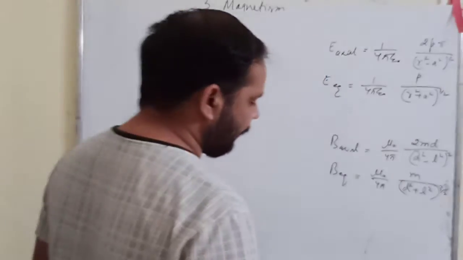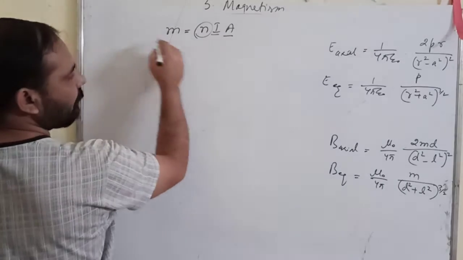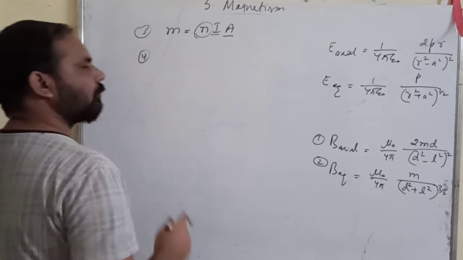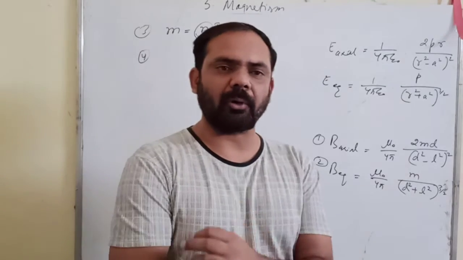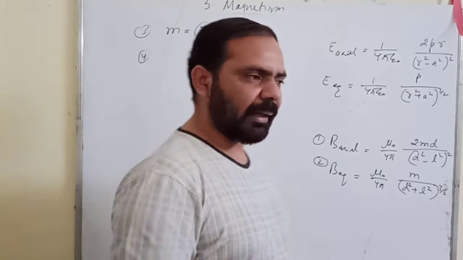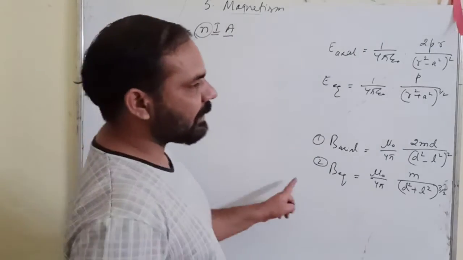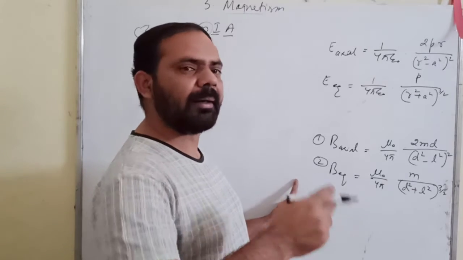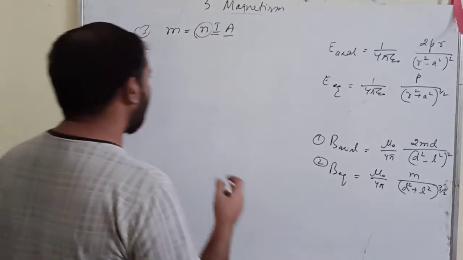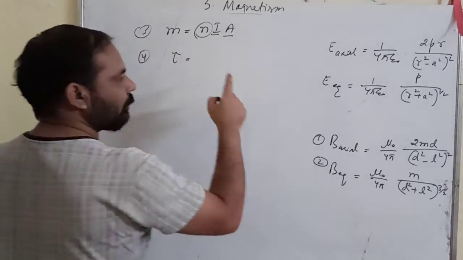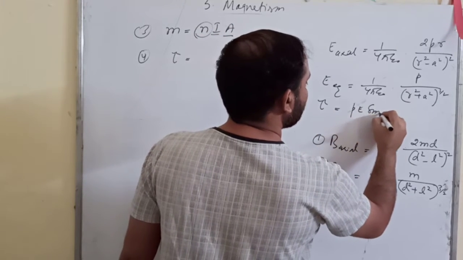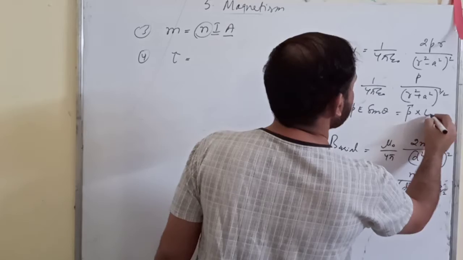Then another formula. This was your 1, 2, this is 3, then the 4th. What we obtained for the electric dipole was the torque acting on the electric dipole when it is placed inside a uniform electric field. Similarly, if you place a magnetic dipole inside a uniform magnetic field, it will also experience some torque. What was the torque there? It was P E sine theta, or P vector cross E vector.